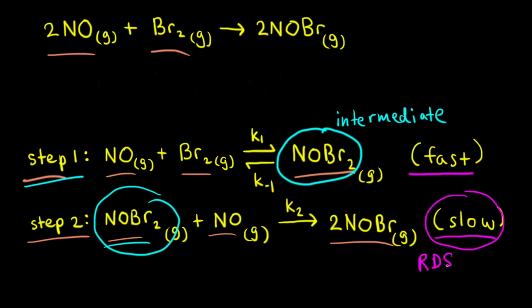And we can write the rate law for the overall reaction by writing the rate law for this elementary reaction that makes up step 2 of our mechanism.